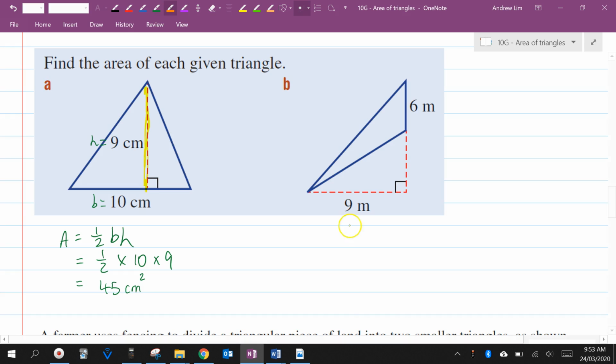In question B, the base is 6, and the perpendicular height, which is this, is 9. So area is equal to half times base times the perpendicular height, which in this case is 6 times 9.